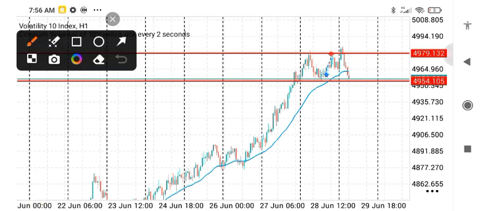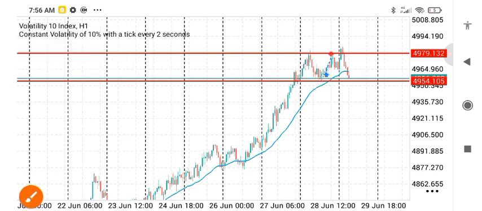I discovered that it was in a corrective phase. So I waited for the end of that corrective phase, and then I joined the impulsive phase, right? So you want to always wait for a retracement first, which is what we call corrective phase, right? You want to wait for a retracement, and then at the end of that retracement, you want to join the next impulsive move. That was what I did.